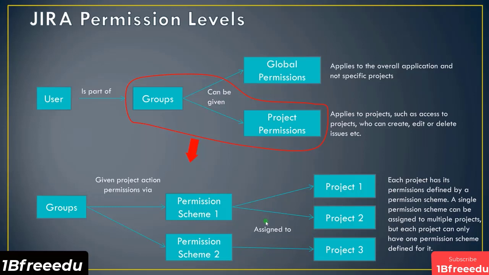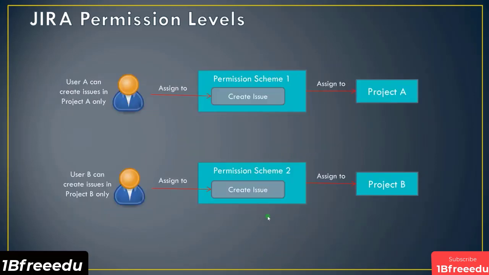Now let's take a look at an example over here. So let's say you have user A who should be given the ability to create issues in project A only, and user B should be able to create issues in project B only. How would you go about setting this up in Jira? Well, first thing is that you would need to create two permission schemes.